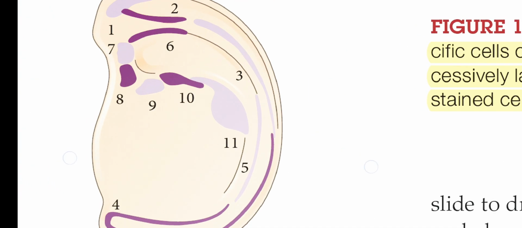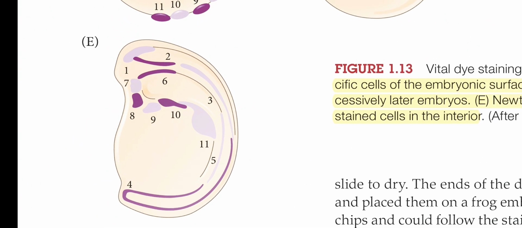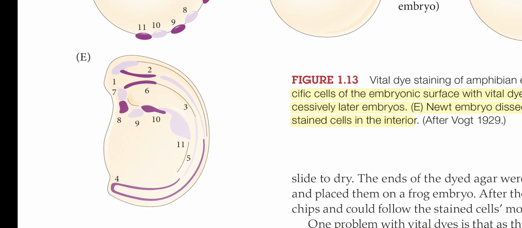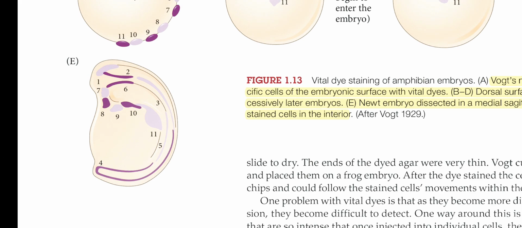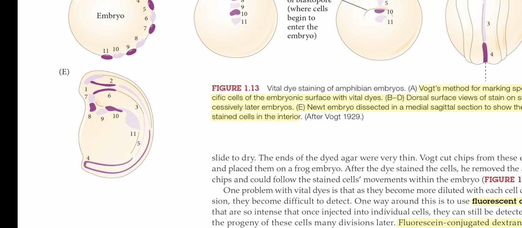You can see here a pattern showing how mesenchymal cells are moving, while epidermal cells are moving. So this movement and localization of particular cells in the embryo can be determined, which is helpful to determine these embryonic fate maps.